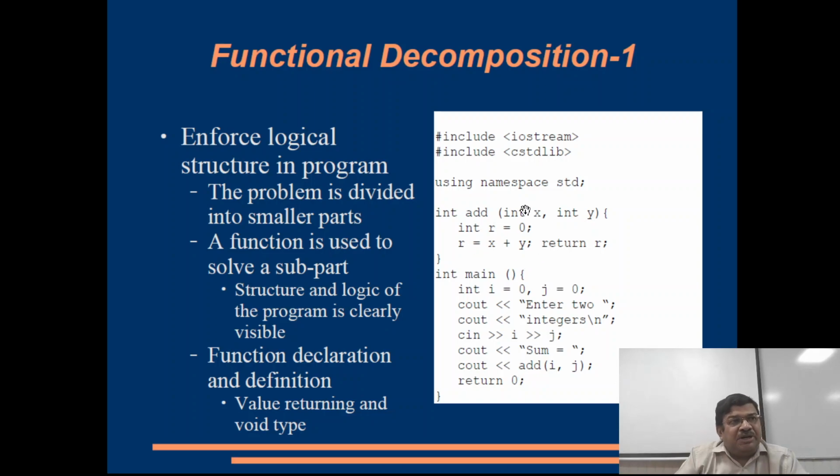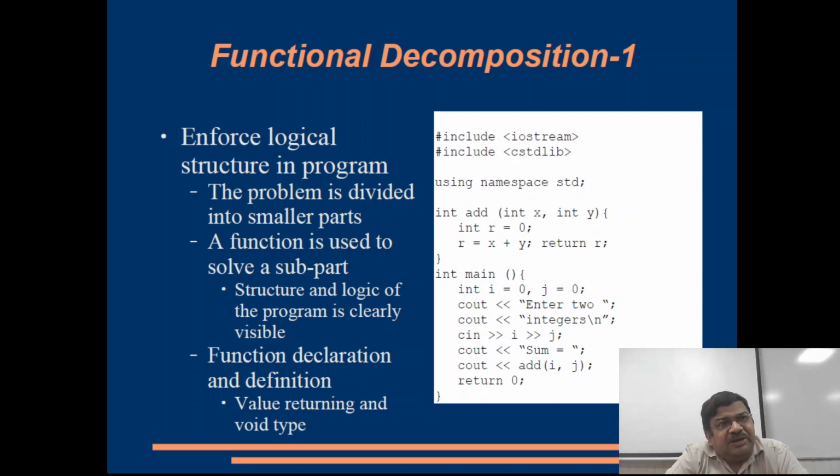But because you already had this definition here, the compiler knows that add is an integer returning function which takes two integer arguments. So when it is invoked by main with two integer arguments, it knows what it needs to do with them, and that it has to return an integer output which will go into the standard output stream.